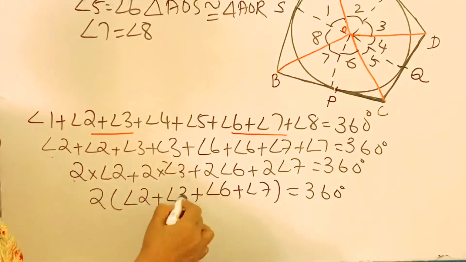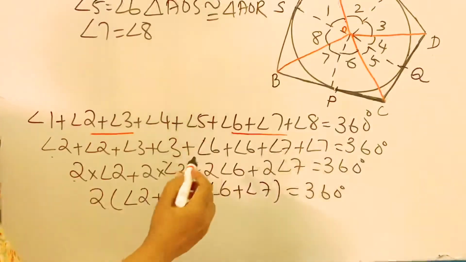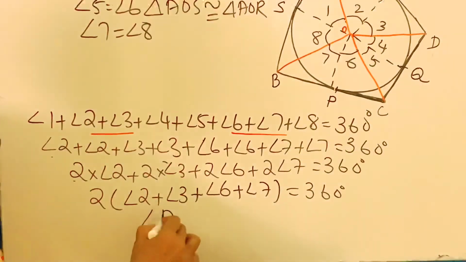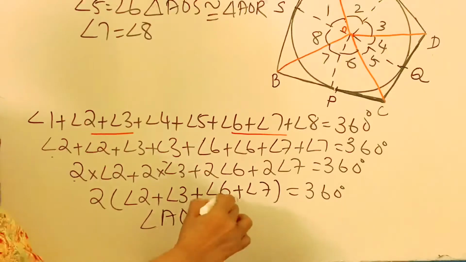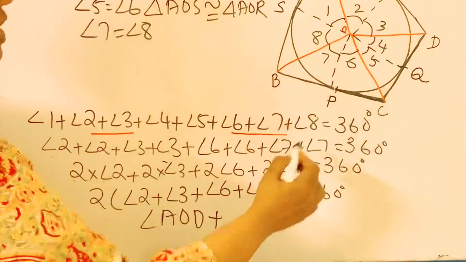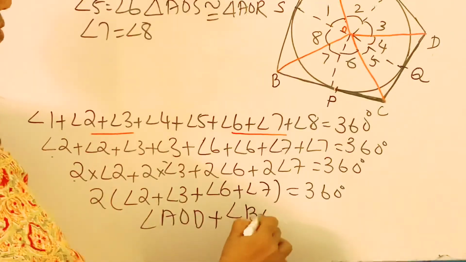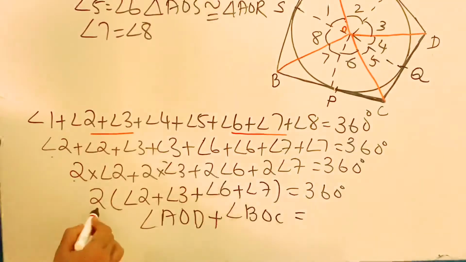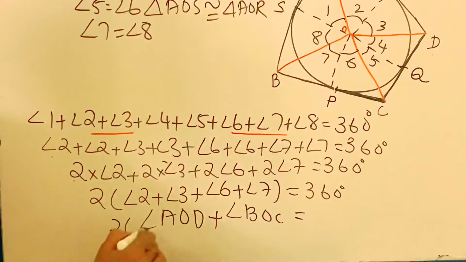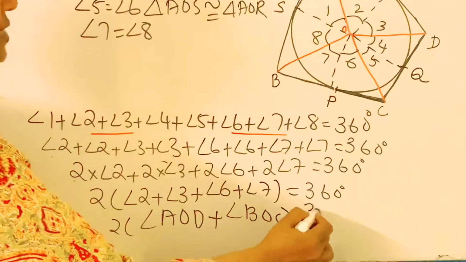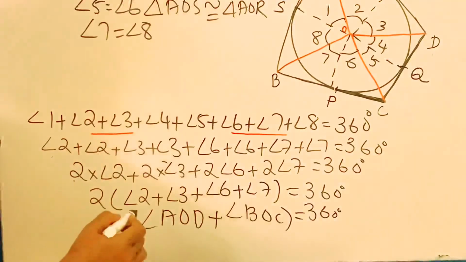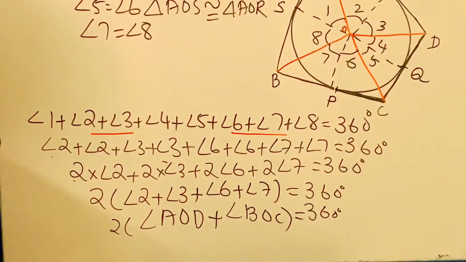What is angle 2 plus angle 3? That is angle AOD. Angle 6 plus angle 7 is angle BOC. So 2 into angle AOD plus angle BOC is 360. So what will be angle AOD plus angle BOC? That is 360 by 2, that is 180. Look at the steps.